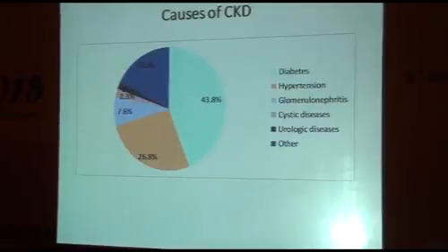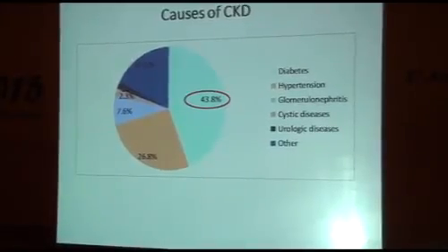This is actually a snapshot of a pie diagram showing the distribution of causes of CKD in the US, but the situation is not different in India. The contribution of diabetes is much more. In the registries in India, it crosses more than 50%.